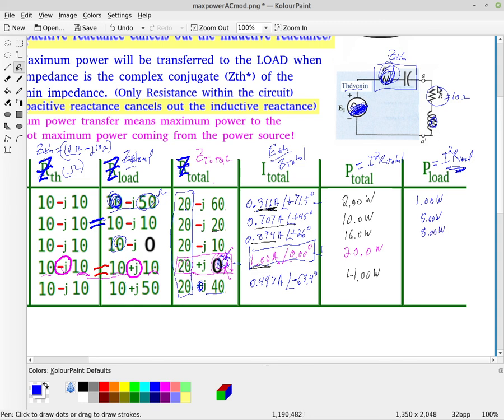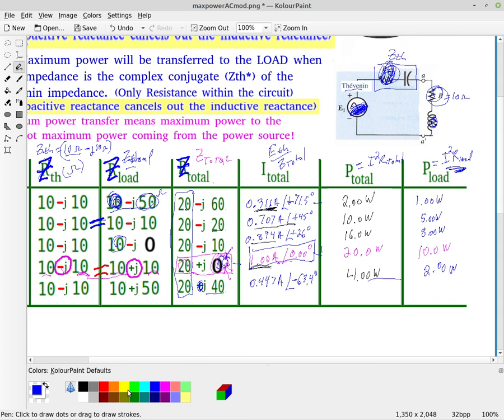Now think about this. We've got resistance here, and you've got the same amount of resistance here. And so for your current, it's going to be half of that. So if we look at the max power case, we're going to be getting 10 watts, and we're going to be getting 2 watts on this last condition.